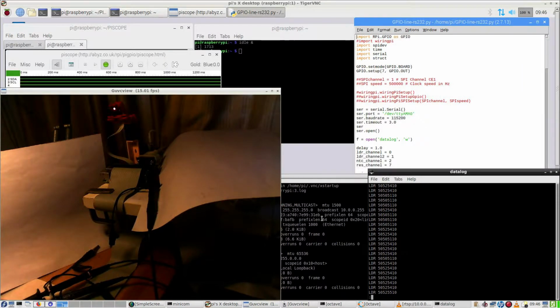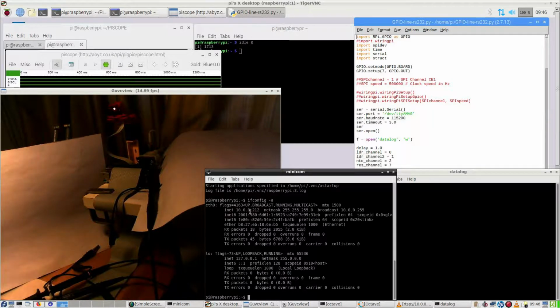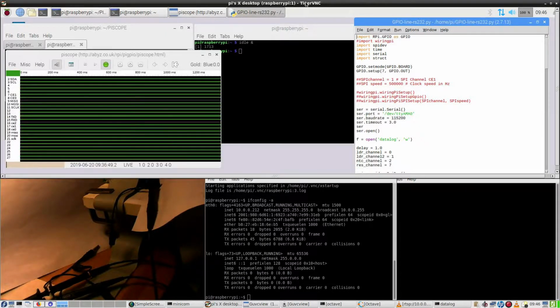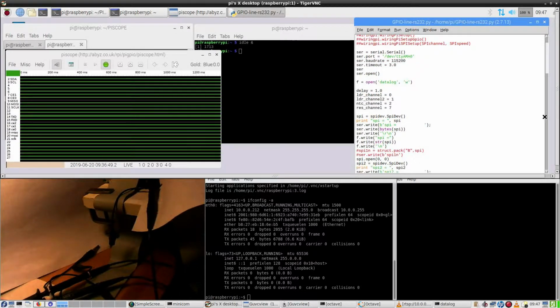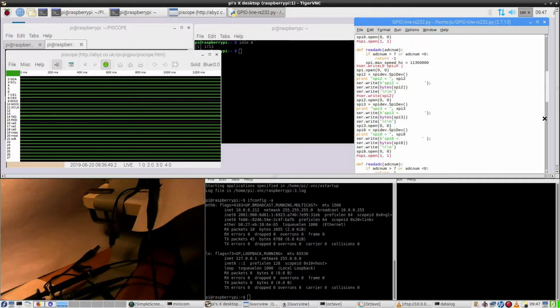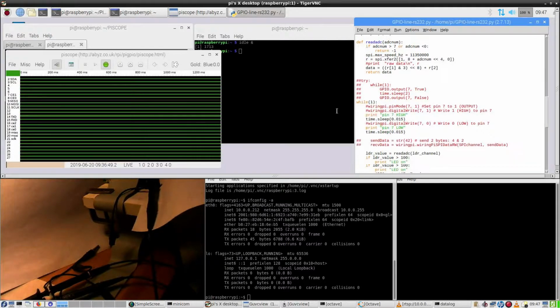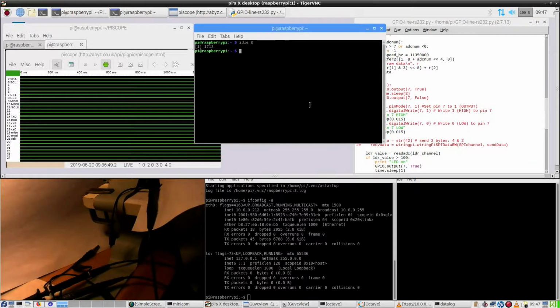Data log, minicom connection, and the virtual network computing with another instance of the Pi scope. Software side, where I send everything over serial port as well as write it to the data log on here as well. Anyway, let's start the software.